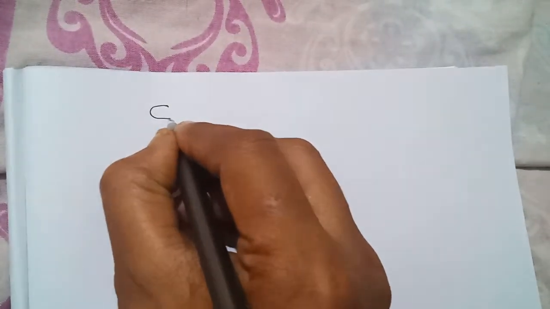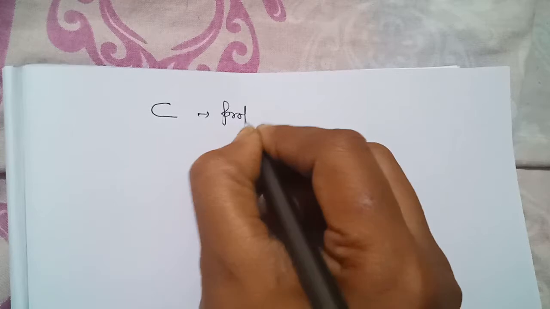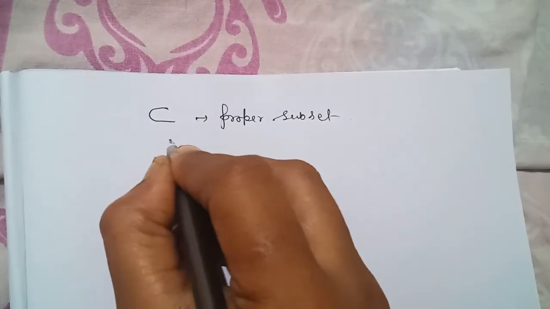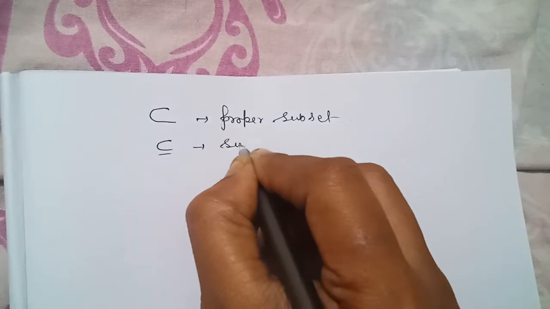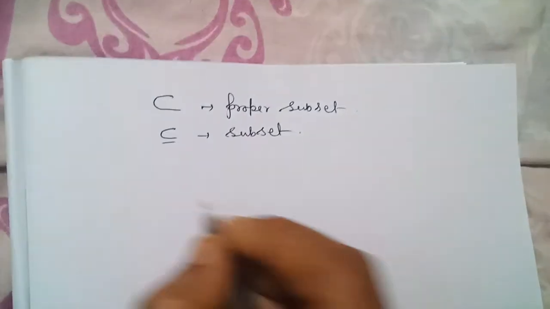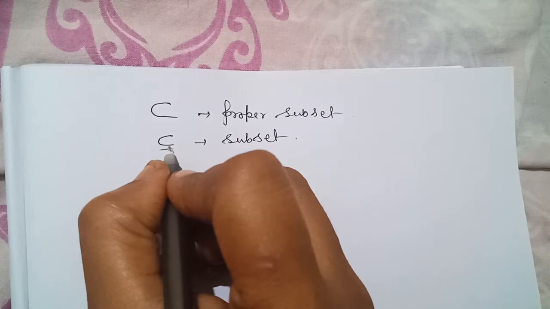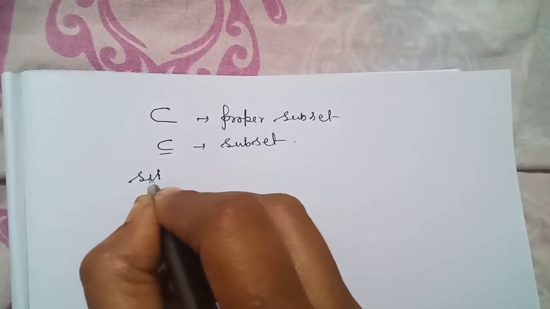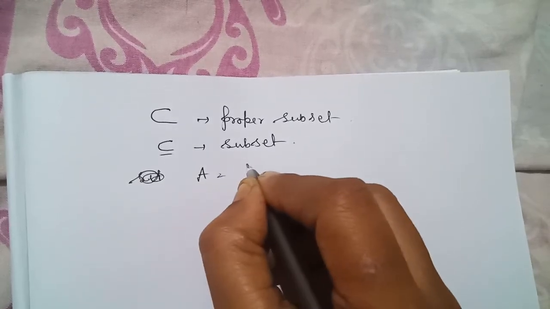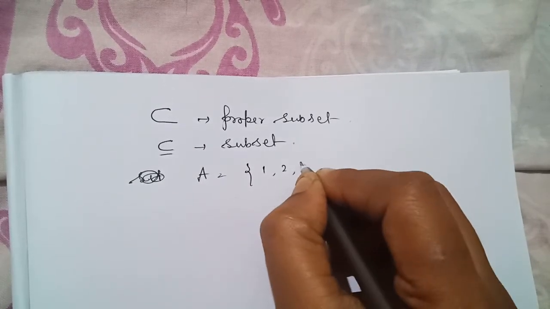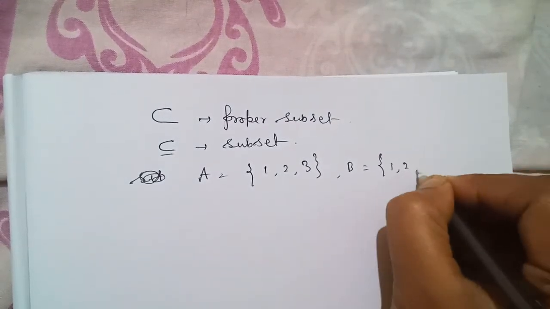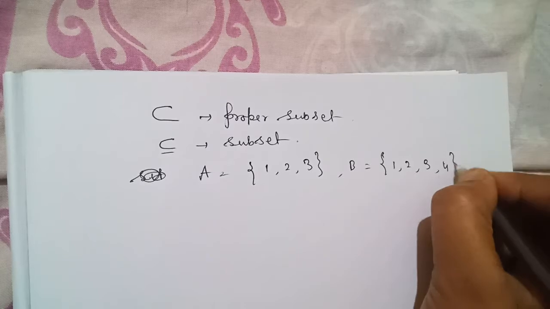Now there are two types of symbols of subsets. This one is proper subset and this one is subset. Now just to get a clear idea, suppose A equals 1, 2, 3 and B equals 1, 2, 3, 4.